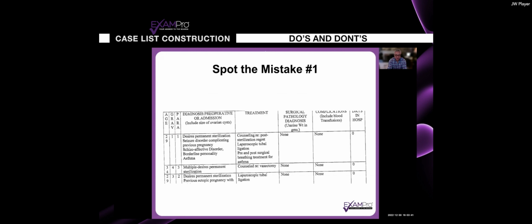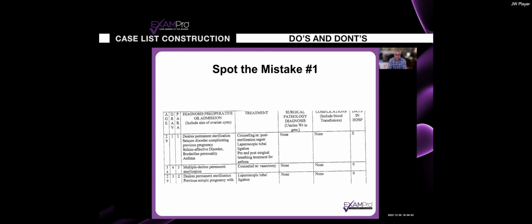Schizoaffective disorder. Now I'm starting to wonder, well, does she need to have a psychiatrist, I don't want to say sign off, but attest that the patient's competent to make her own decisions, especially with the borderline personality disorder. Is this absolutely relevant information for her to make a decision about sterilization?